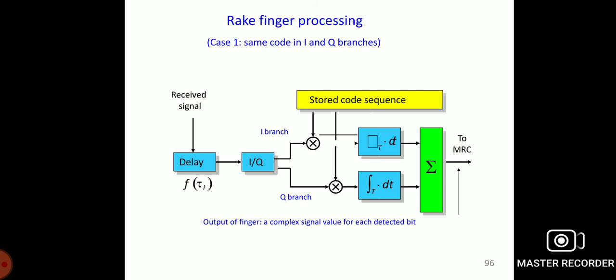The in-phase and quadrature phase components of the signal are applied to different correlators. The correlation function of this code sequence will again be applied with the same factor of the weighted signal. The output of the finger is a complex signal value for each detectable bit.